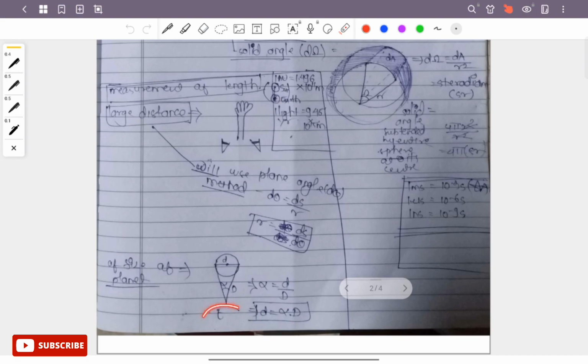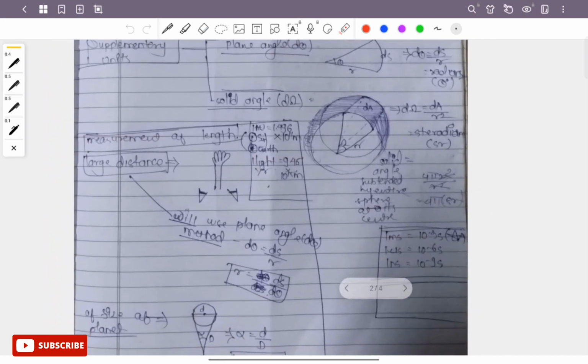So here we have considered the earth, and this is the sun. This d is the diameter of the sun, and this capital D is the distance between the sun and the earth. How are we going to measure the size of the sun, that is the diameter? We already know the formula, alpha = d/D, and by rearranging this formula we can get the diameter of the sun.